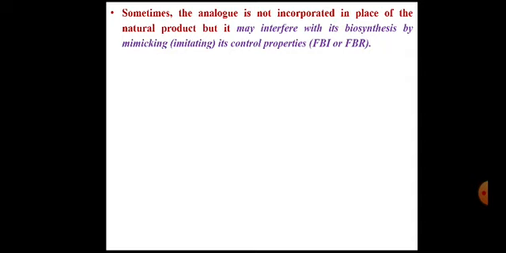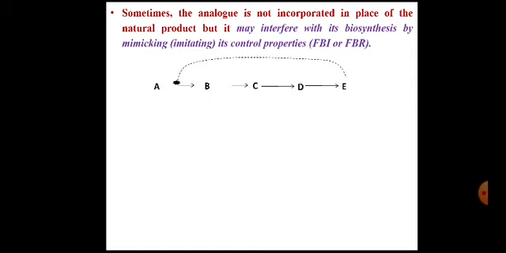It controls the first enzyme by feedback inhibition or feedback repression. That is the second target of that natural control metabolite. So there are two things this amino acid is doing: it is getting incorporated into protein, and it is responsible for controlling its own biosynthesis by a feedback control system.